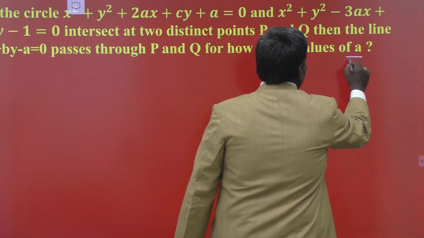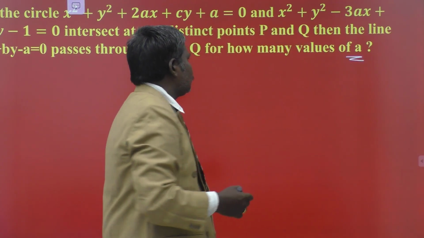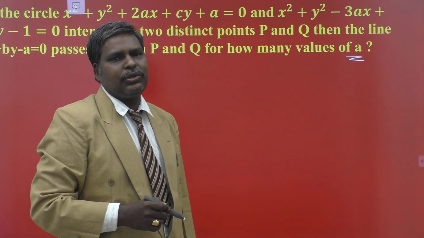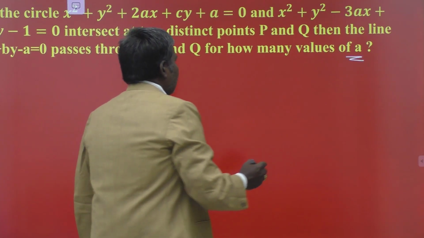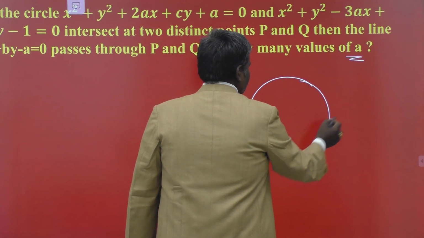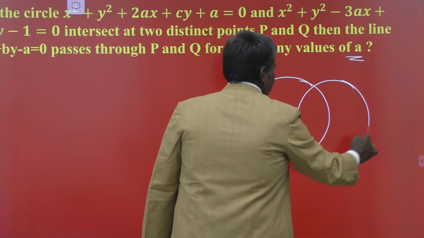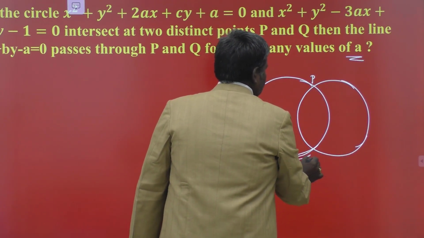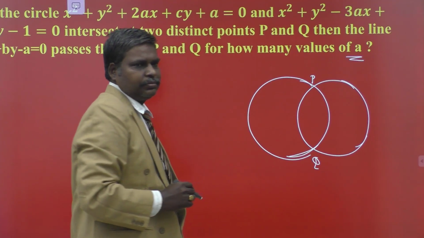The line should pass through the points of intersection P and Q. So there are two circles, this is one circle, this is the other circle, and their points of intersection are P and Q.